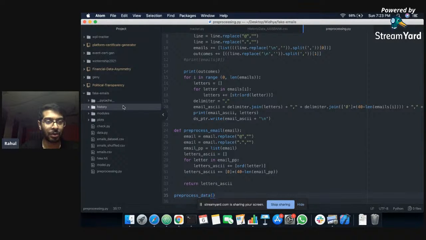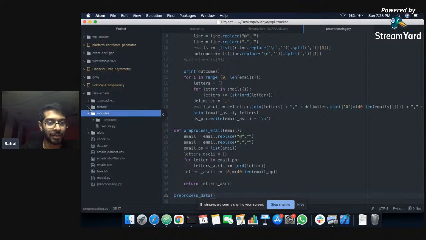Remember, I don't have any file stored within the history folder, right? So if you notice, this shows the folder, and there's literally nothing in this history folder.